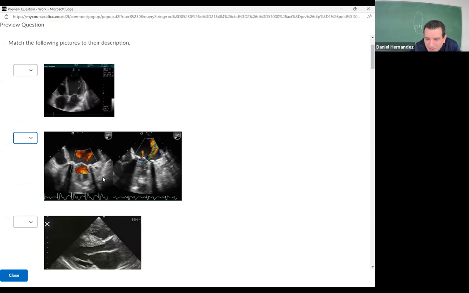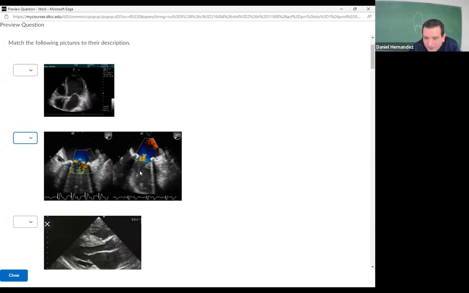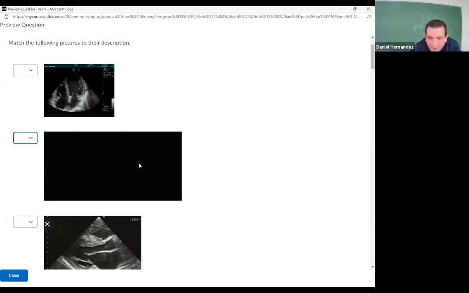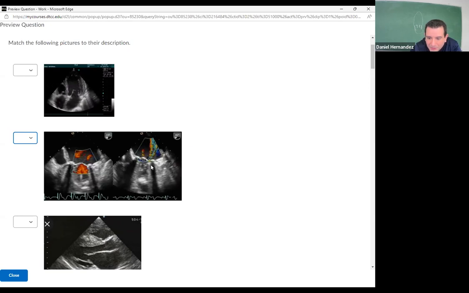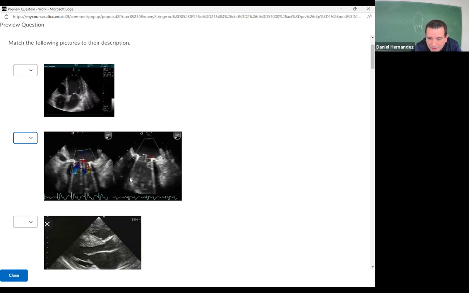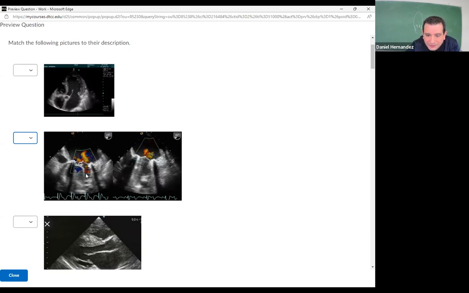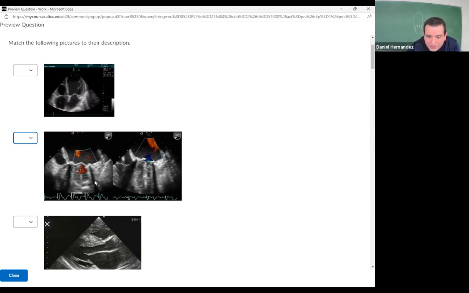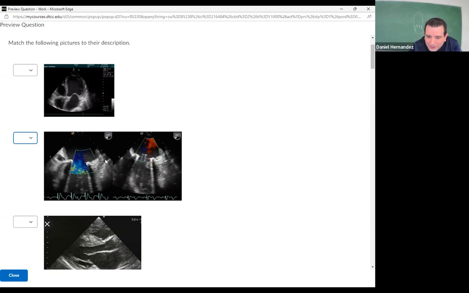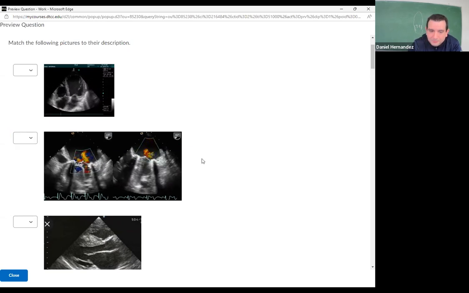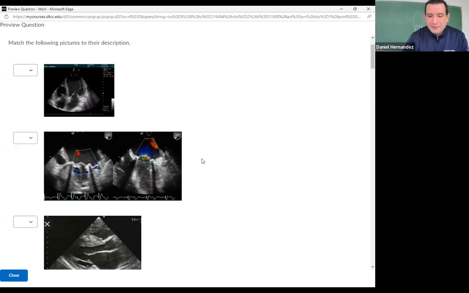So this is a good example of a mechanical valve with all that artifact seen posterior to it. We can't really tell what's going on in this chamber due to all this artifact. We definitely have some shadowing here, a lot of shadowing here, some dirty shadowing, when you see the valve opening and closing. So that's a good example of a mechanical valve.